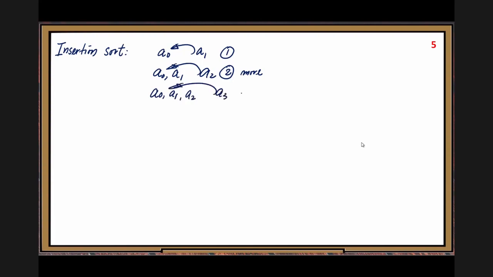A3, 3 more for the worst case. 1 plus 2 plus 3, 6 comparisons. If you apply the insertion sort directly to this problem, your answer will be 6 comparisons.